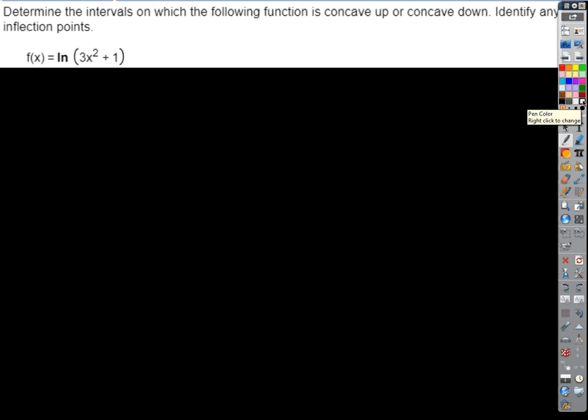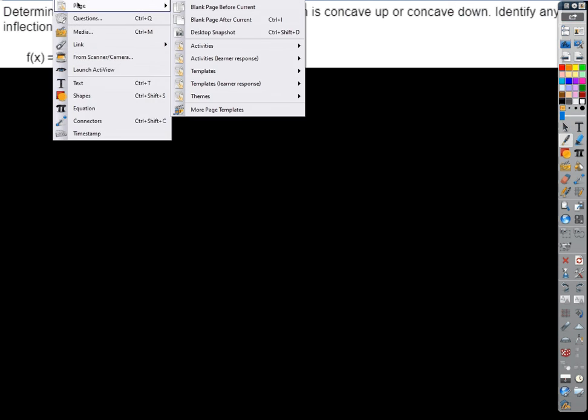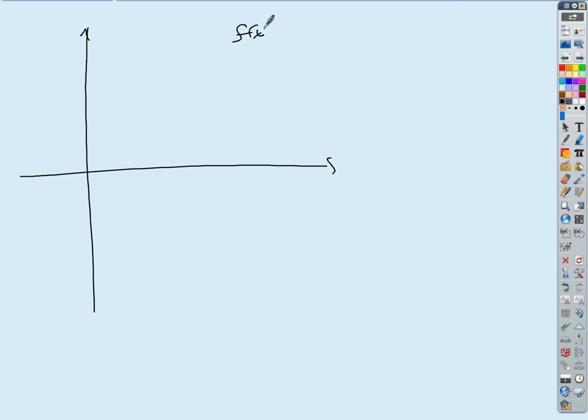So you have to think in terms of a log function first of all, right? What's the natural domain of a log function? Let's just remind ourselves what a log function looks like. So what's the graph of a log function look like?